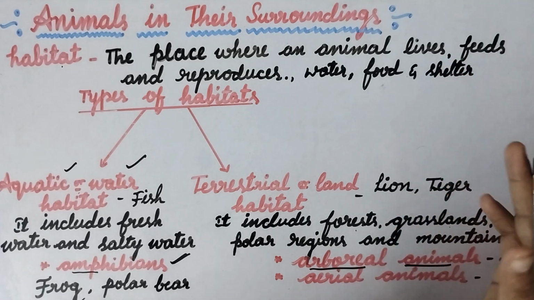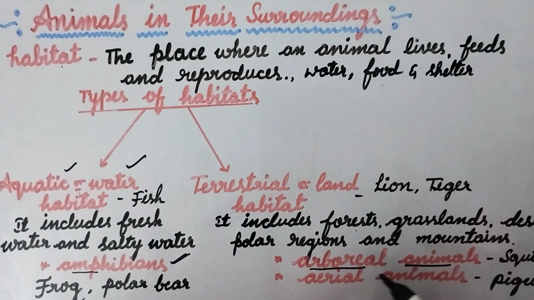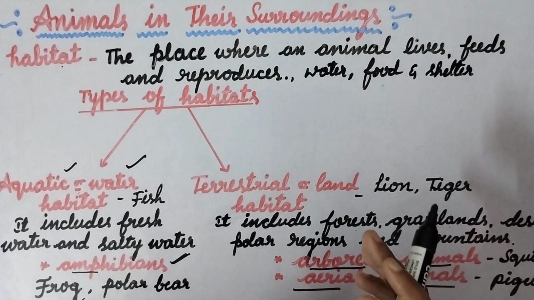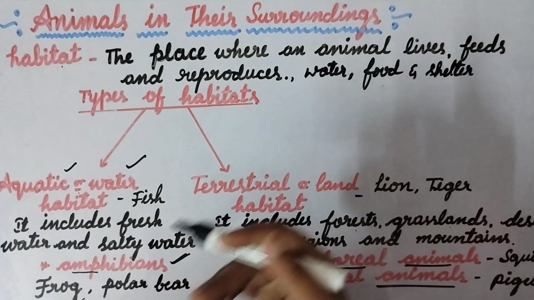They are known as arboreal animals. And then aerial animals. Aerial means air. Some animals can fly, so they are called aerial animals.